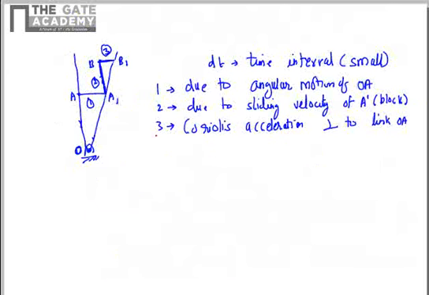So I've drawn the diagram neatly again for you. So we know the first part of the motion from A to A1 is due to angular motion. The second part is due to sliding velocity of block. The third part is something new, that is Coriolis acceleration, that is perpendicular to link OA.